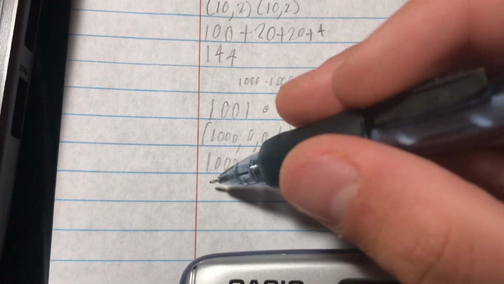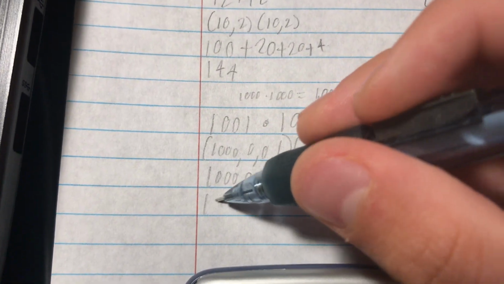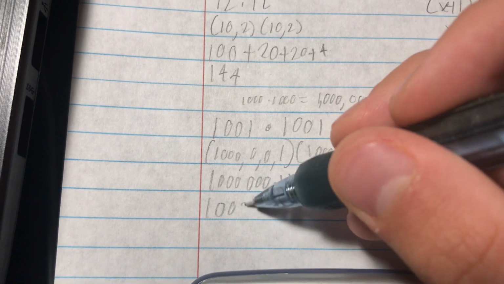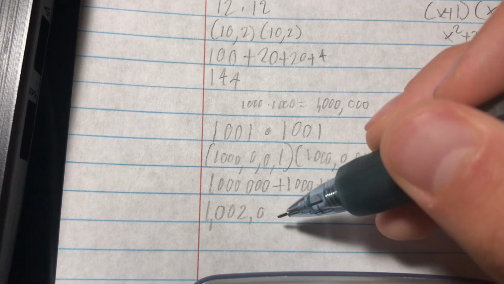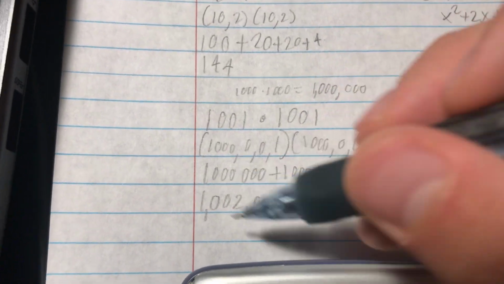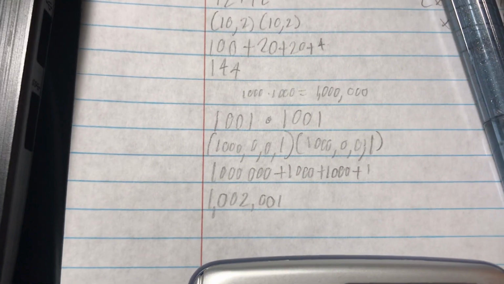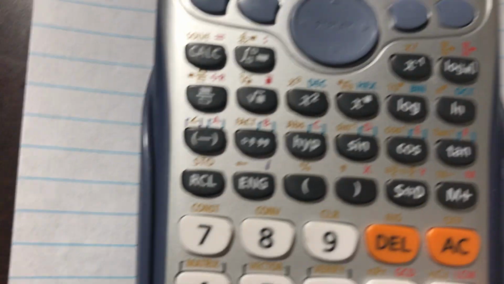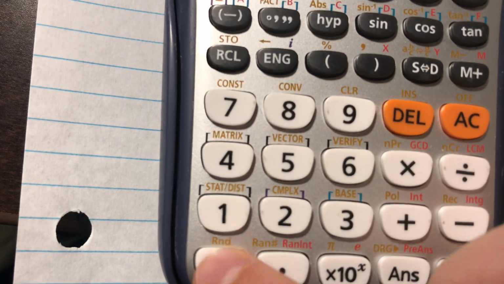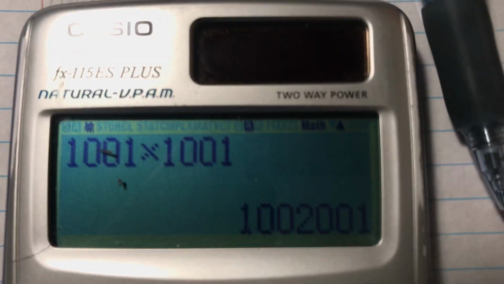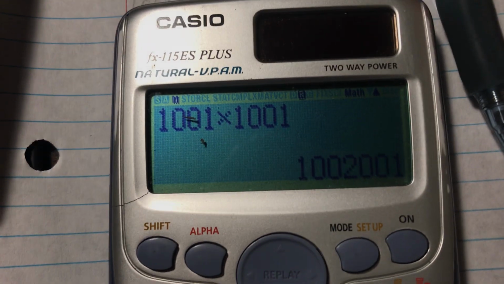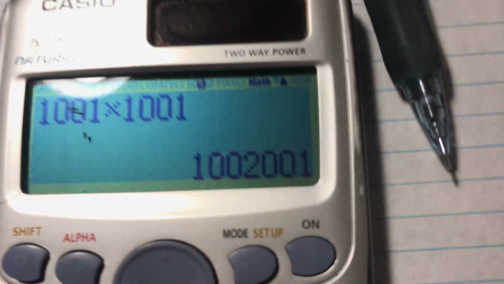Now we add all this up. 1 million 2000 right there, so that's 1,002,001. Let's try this out: 1001 times 1001, and we get, there we go, 1,002,001, if you can see it there.